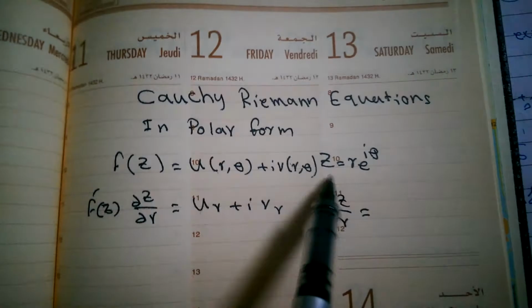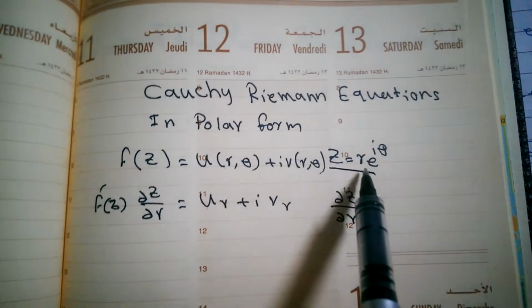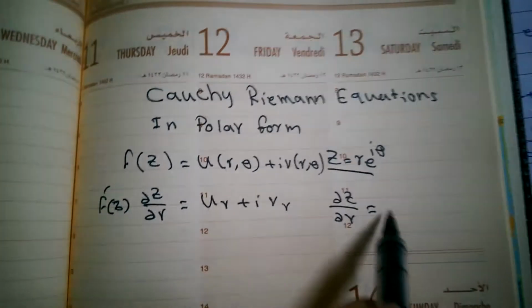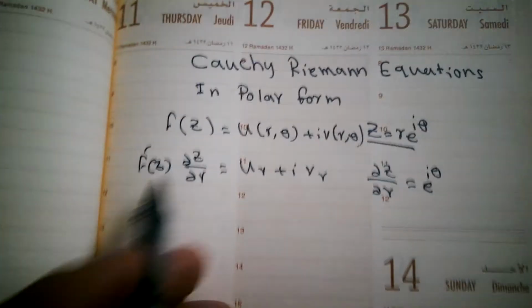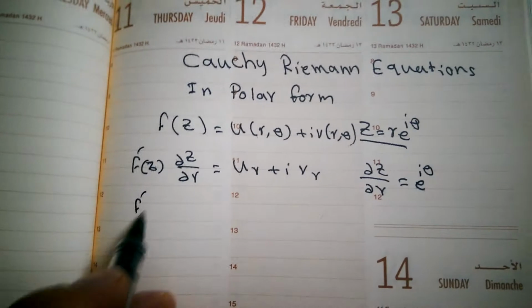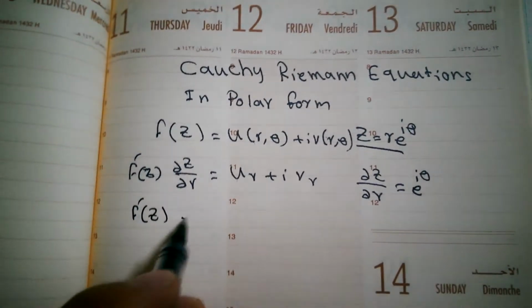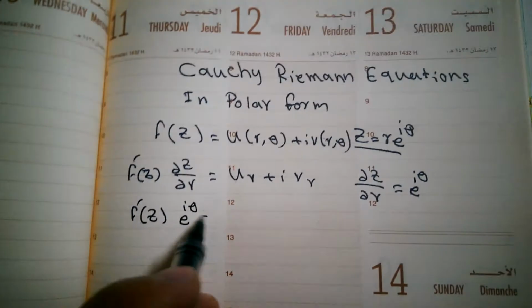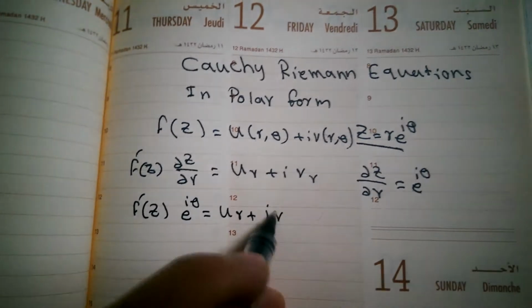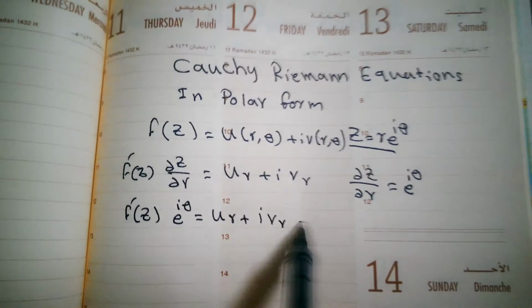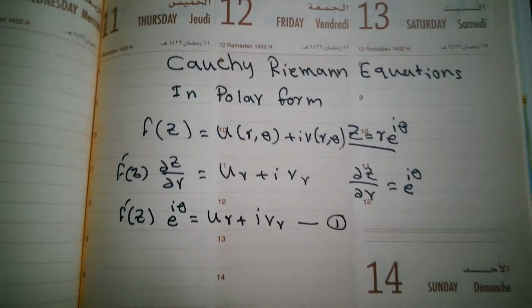Let's take partial derivatives of z with respect to r. We have e to the power i theta, and put this there. We get that f dash of z e to the power i theta equals u sub r plus i v sub r. Let's say it's equation number 1.